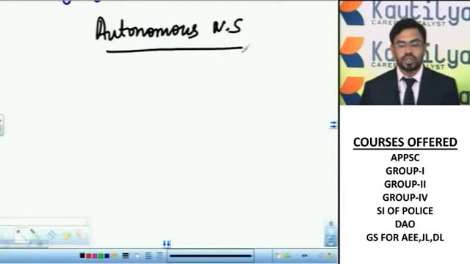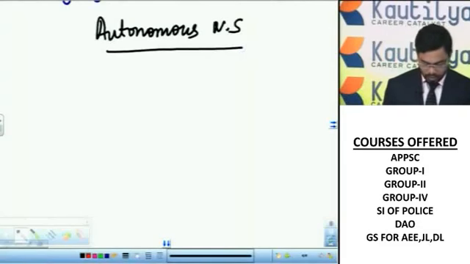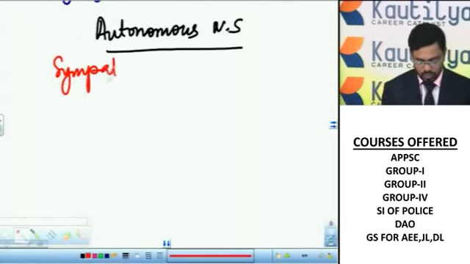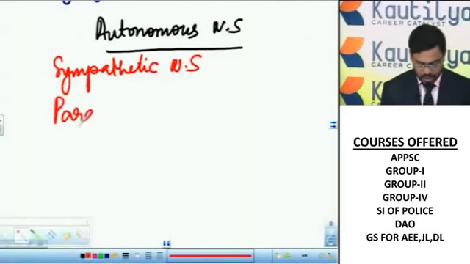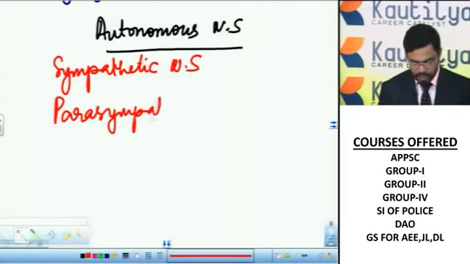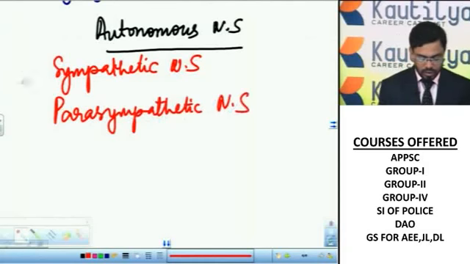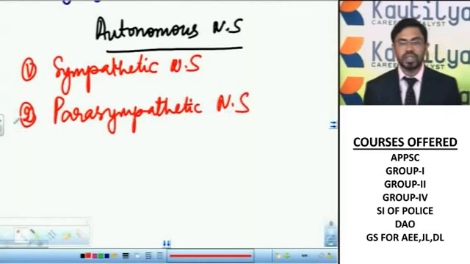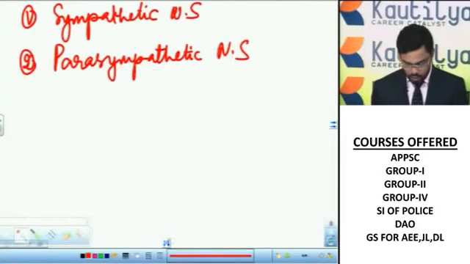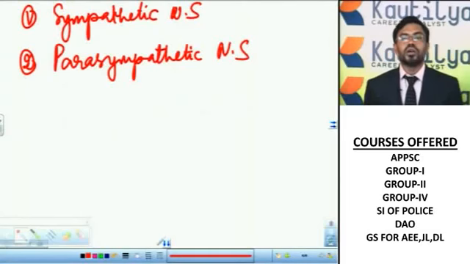It is again divided into the sympathetic nervous system and the parasympathetic nervous system. These two nervous systems are antagonistic, which means they act opposite to each other.